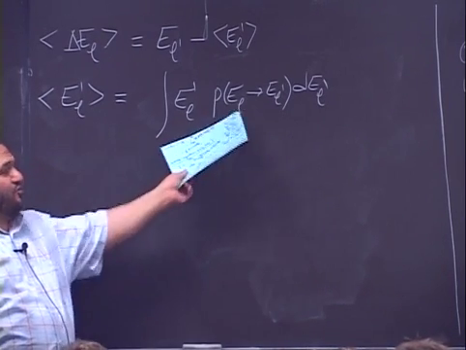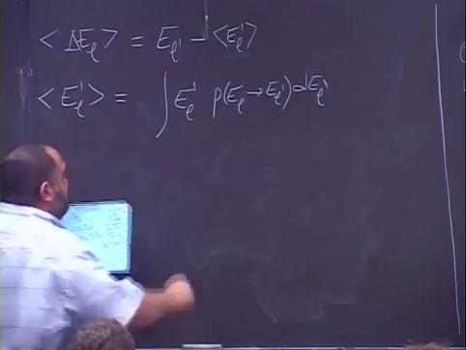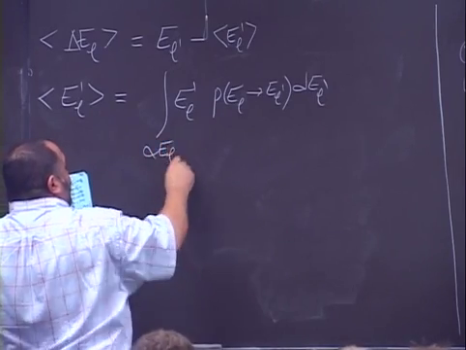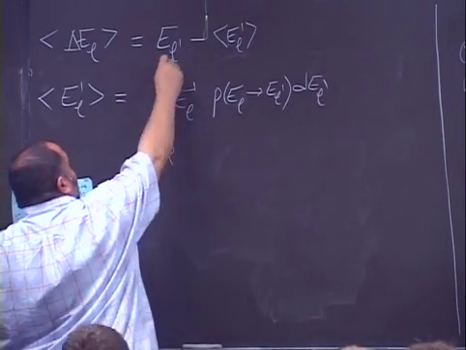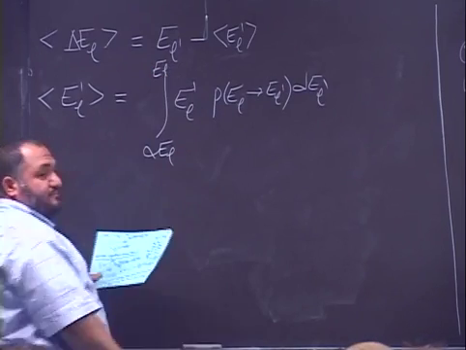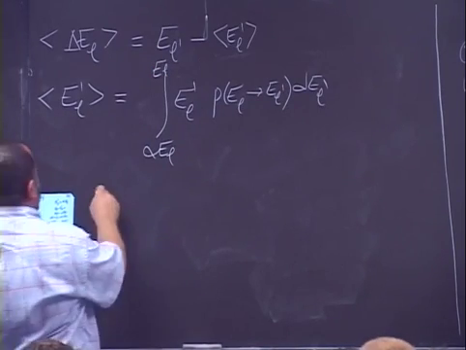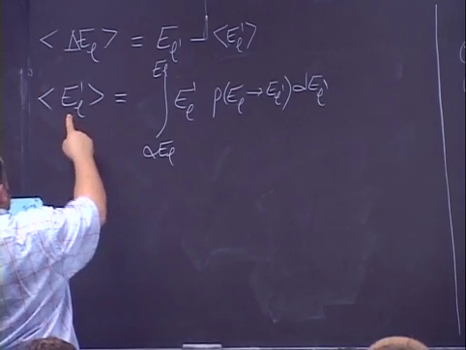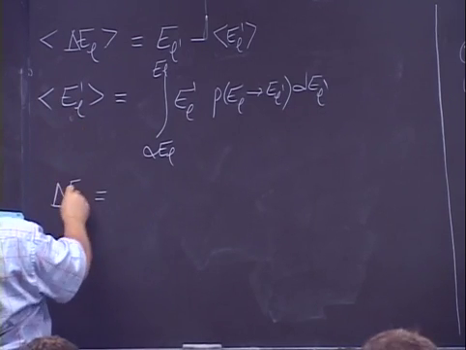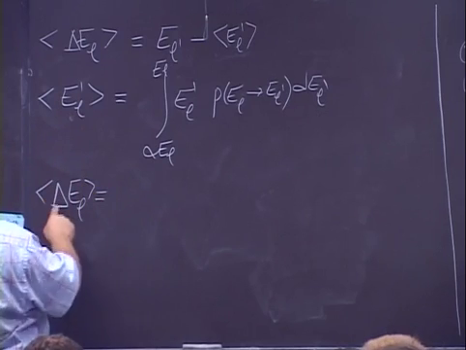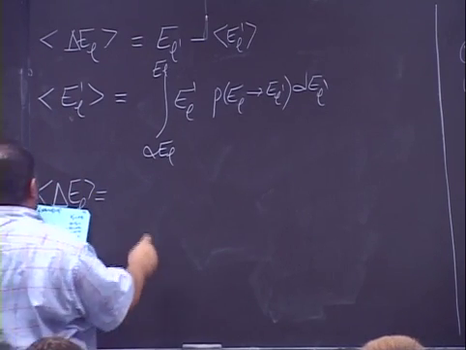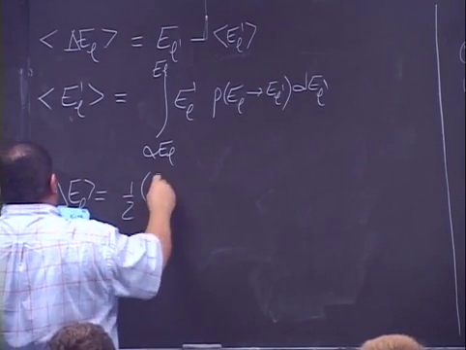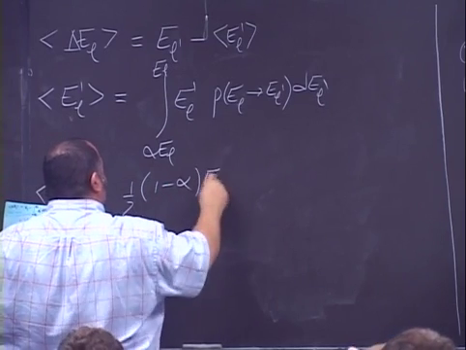What's the minimum for the probability distribution function? Alpha EL. And what's the maximum? EL. Good. So if I substitute it here, the average energy loss from the collision will be just 1/2 (1 minus alpha) EL.